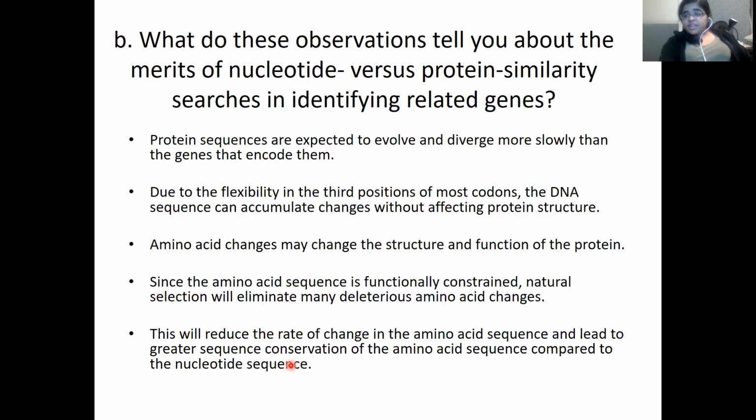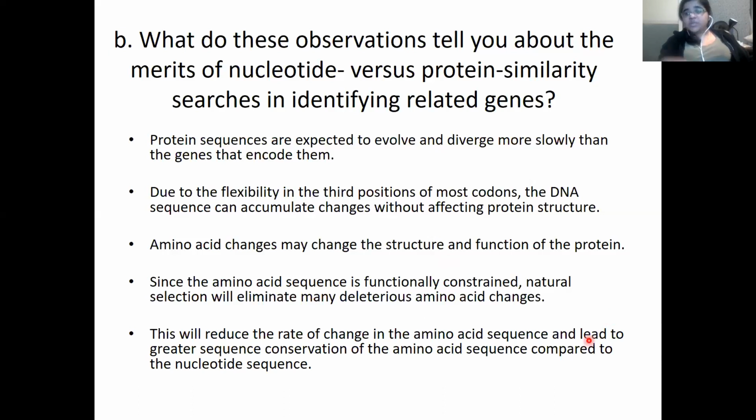Even if the nucleotide changes, you can still keep the same protein. But when the amino acid ends up changing, things end up changing everything that they need to do. So there's more flexibility with DNA changes than amino acid changes in this case.